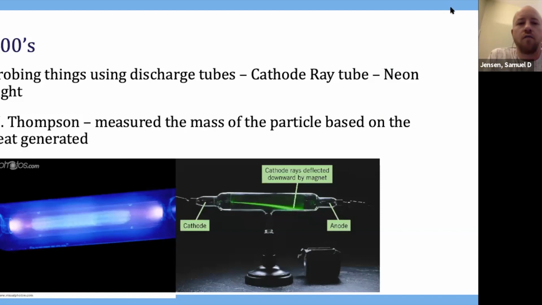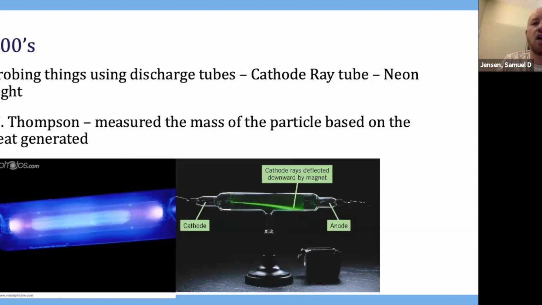All right. So in early looking at what the makeup of the atom was, because again, Dalton just came up with the idea of the atom, the fundamental particle that was indivisible. But we still didn't know what it was made up of, right?